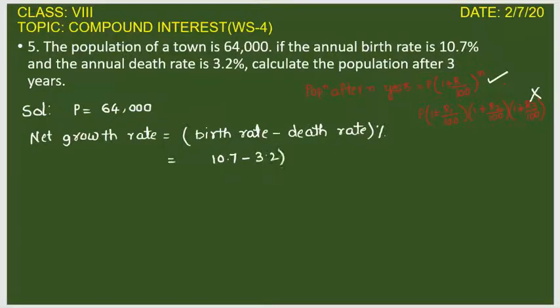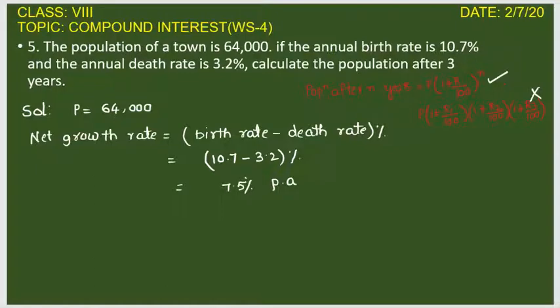We have taken 10.7 minus 3.2%, because for the same year only one rate percent should be there. So by subtracting we get 7.5%. This can be taken per annum. So for 1 year the rate of growth is 7.5%.